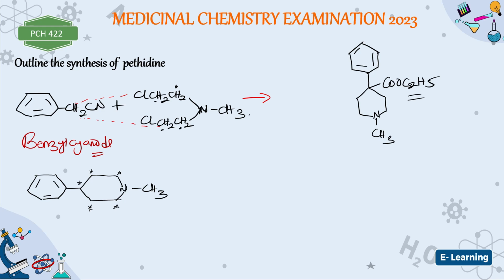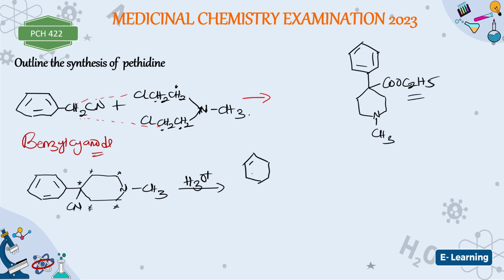You know the CN, we did not say anything concerning the CN yet. But the CN will definitely be on this carbon here. So you hydrolyze the CN. Hydrolysis means H3O+. When you hydrolyze CN, we can turn this structure so that it will be a straightforward structure because of space.